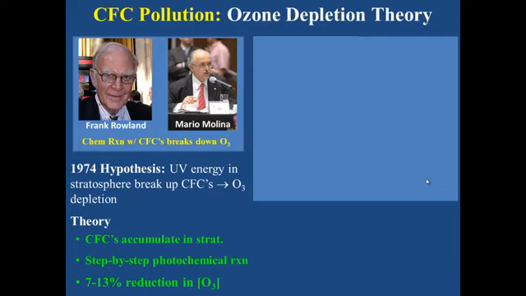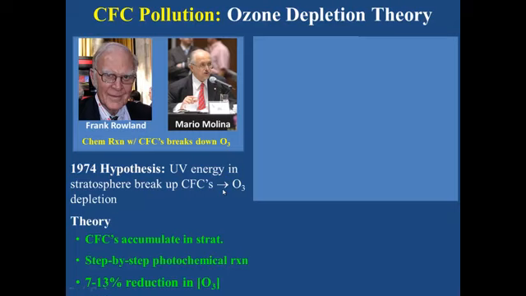So Frank Rowland at the time, back in the early 1970s, hired a young postdoc in Mario Molina, and basically they tried to answer the question of what happens to these CFCs in the atmosphere now that we know that they're there. And so in 1974 they developed a hypothesis that basically the UV energy in the stratosphere would break up these CFCs and basically cause the depletion of ozone. All right, that's what their hypothesis was.